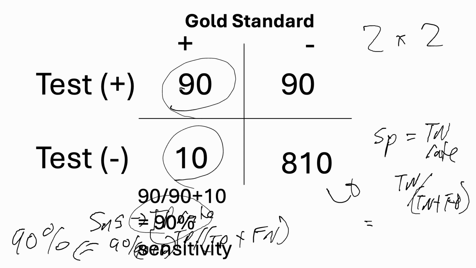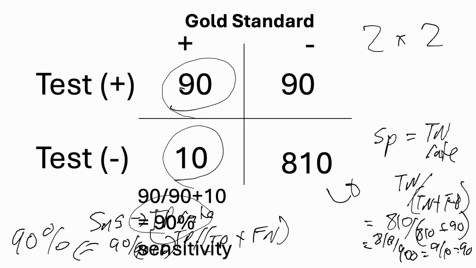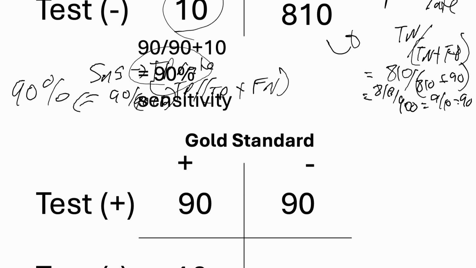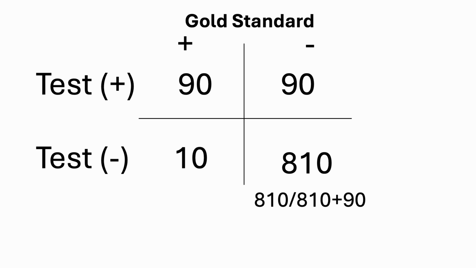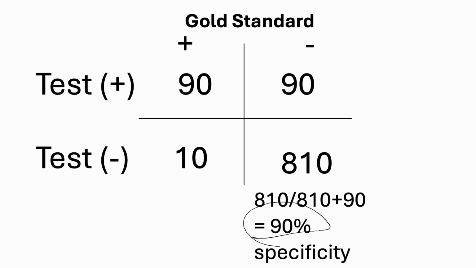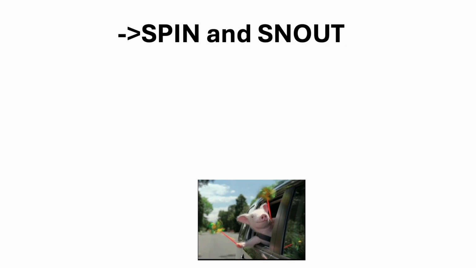And that's equal to 810 divided by 810 plus 90, equal to 810 divided by 900, which is 9/10, so it's equal to 90%. So let's see what we got here. Yep, 90% specificity.